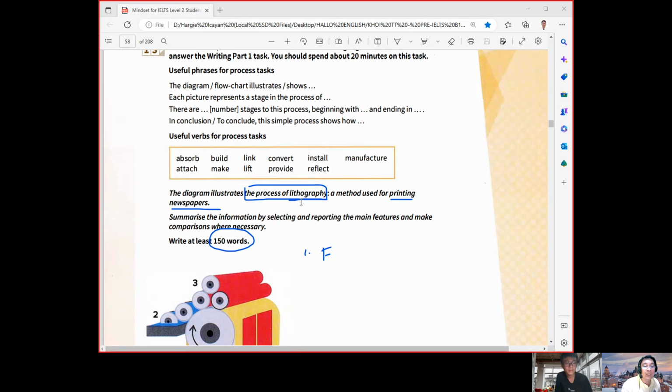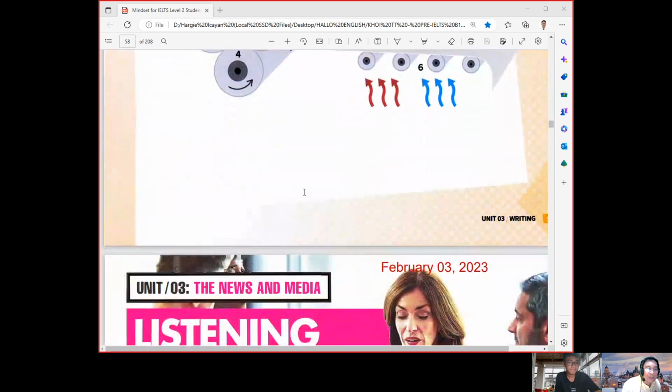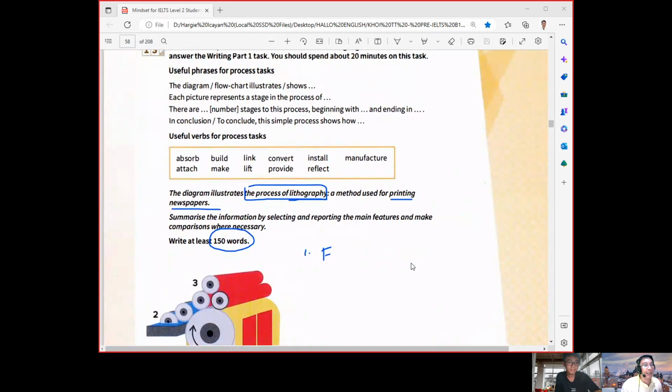Now, what do you think would be the other? Let's start maybe on the process of what is one? Do you know the process of applying for the IELTS?